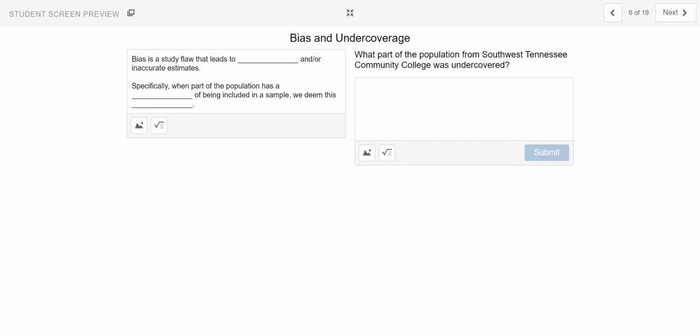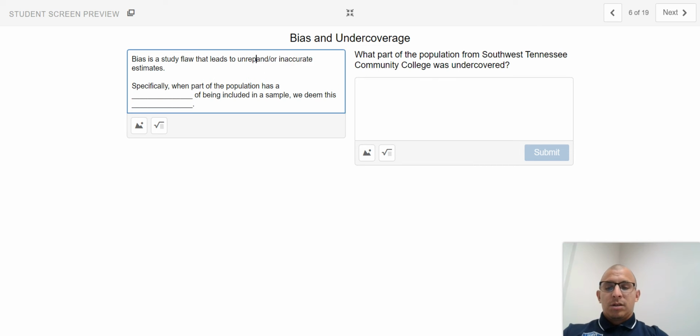So, what we just experienced in the Southwest Tennessee Community College situation is an instance of bias. And bias is a study flaw that leads to unrepresentative and/or inaccurate estimates.